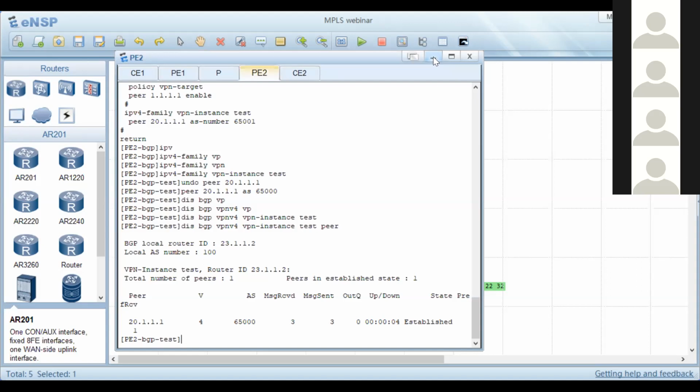You can configure the MPLS label differently, but it will remove the out label when it reaches PE2, that means one hop. You mean static label distribution? Yes, static can be configured. It can use PHP, the penultimate hop popping mechanism, when it reaches this one. That is why, as you can see, the MPLS LSP.